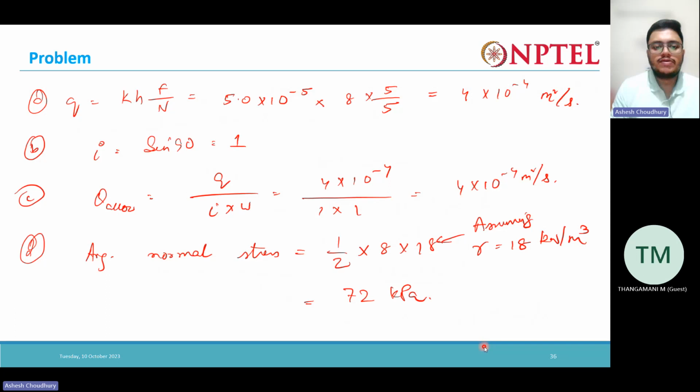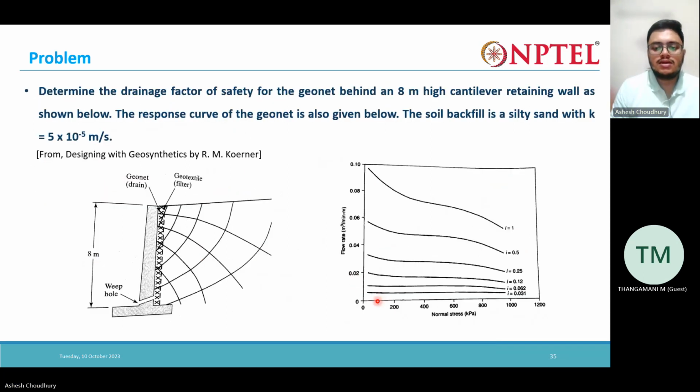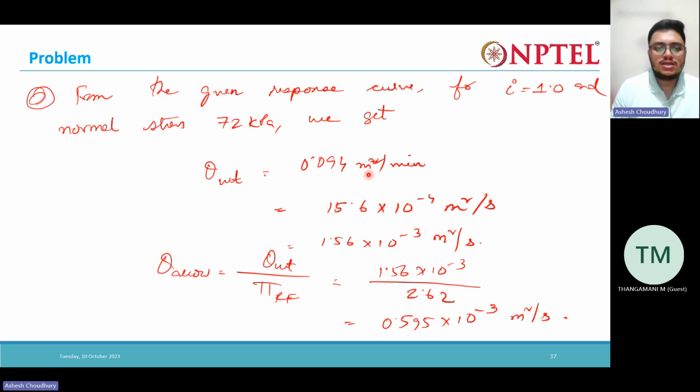Now corresponding to 72 kPa, an I of 1, approximately, this is the curve. So somewhere here we will get the flow rate. The flow rate is taken as 0.094 meter square per minute, which we convert to meter square per second. Then we reduce this ultimate value to the allowable value by using appropriate cumulative reduction factor.